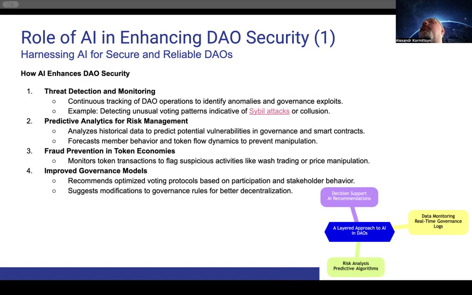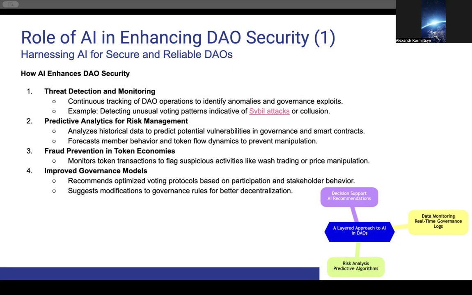Now it's of course of interest to see how AI can be brought into this DAO picture in a meaningful way. And what we can immediately see here is that AI can be used for security purposes, to harness the security and improve the reliability of DAOs. There are particular threats that need to be detected and monitored.